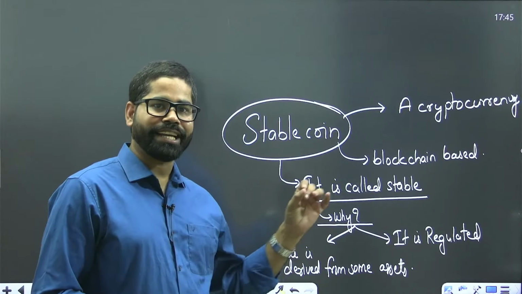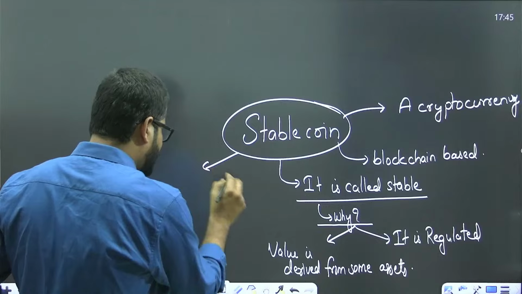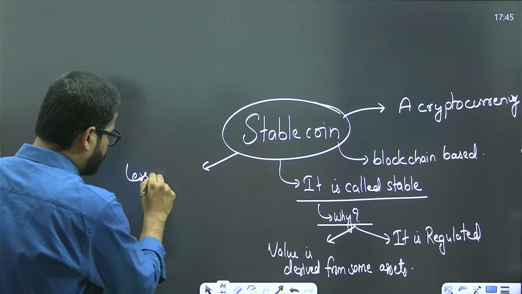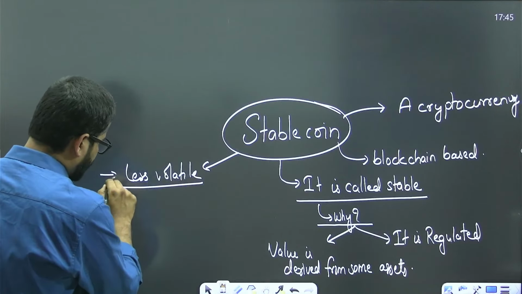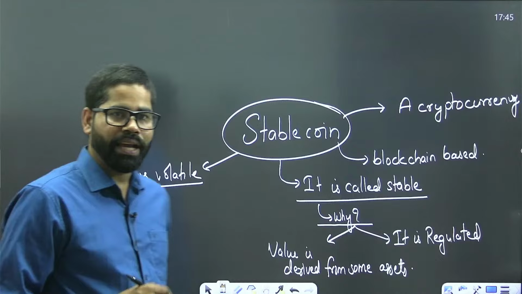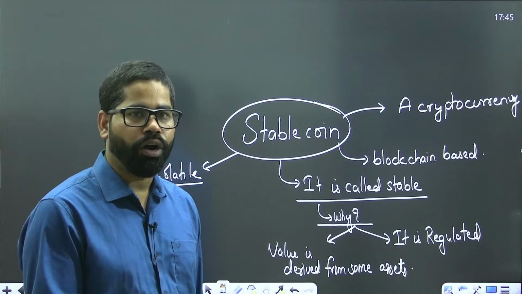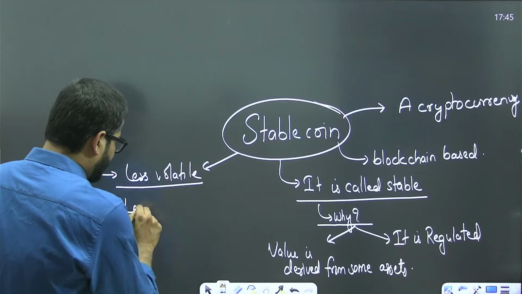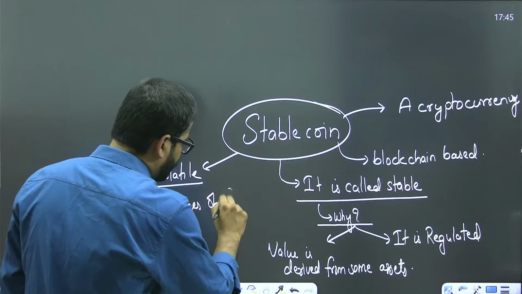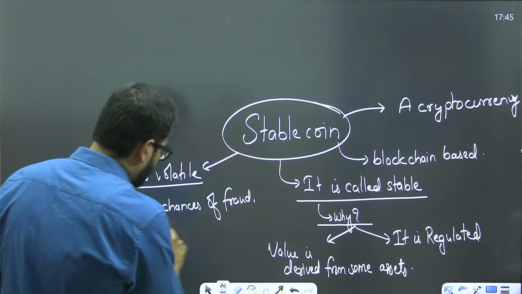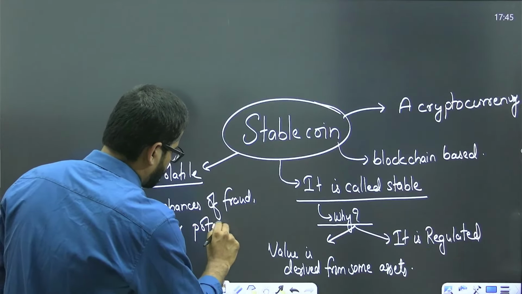Its value is derived from certain assets. So it is something which is less volatile. There are lesser chances of scam, fraud, or potential misuse.